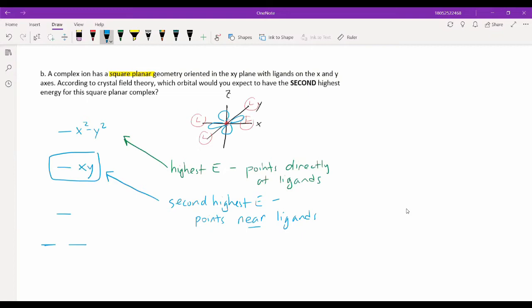Right? And the other ones, which actually come out to look like this, again, if you look at the end of the handout, these are pretty complicated to actually see from the pictures because the z squared has a little donut kind of in the middle, which is in the xy plane, because otherwise that would seem to be pointing the most away, but because of that little donut in the middle, you have some overlap.